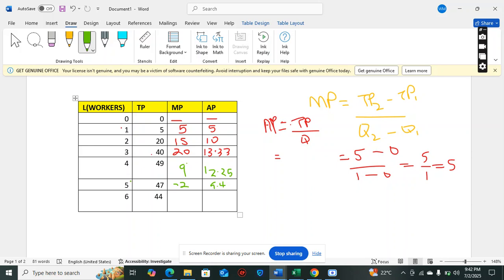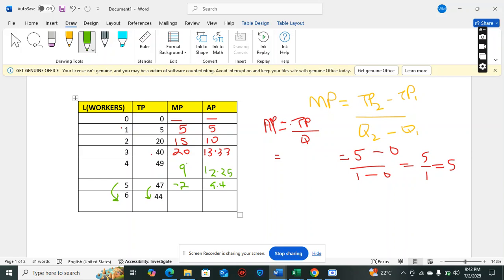Then now you bring in a sixth worker. Total output now reduces to 44. So this fifth worker, it's like they're not bringing any benefit or extra output to your business. The fifth worker is of no benefit to your business.